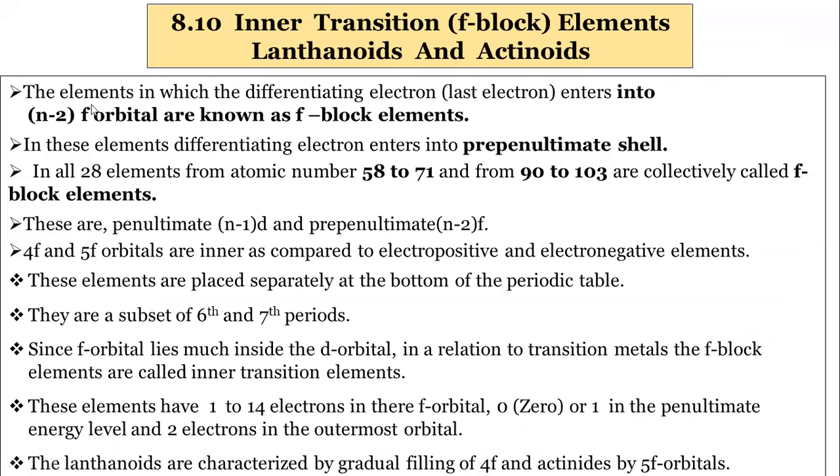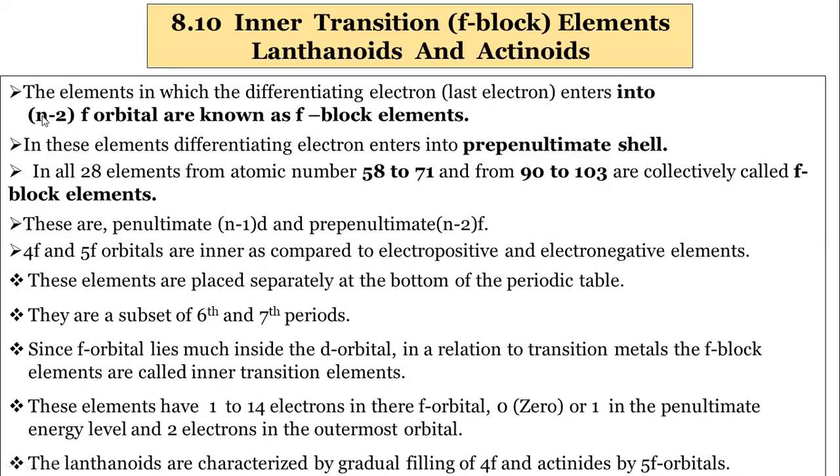See the definition of F block elements: the elements in which the differentiating electron, the last electron, enters into the n minus 2 f orbital, where n is the principal quantum number.